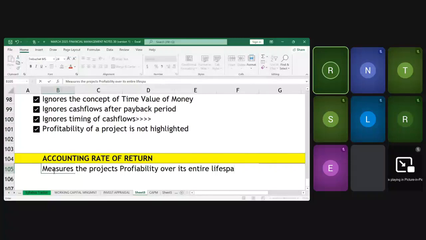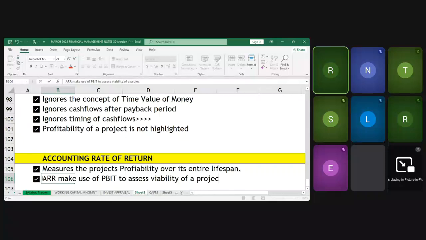So the project's profitability over the entire lifespan, that's accounting rate of return, ARR. ARR makes use of profit before interest and tax to assess viability of a project.